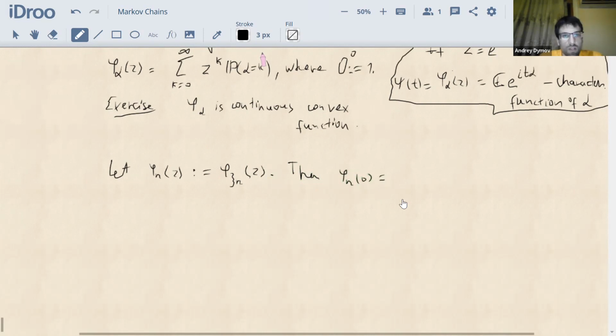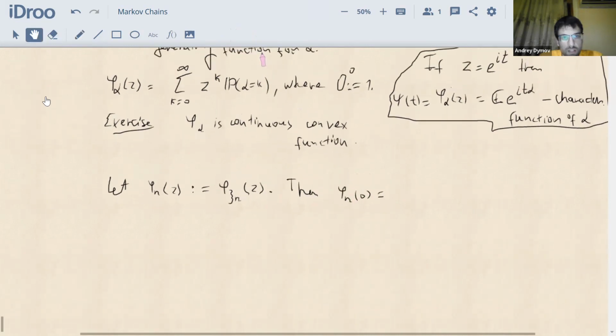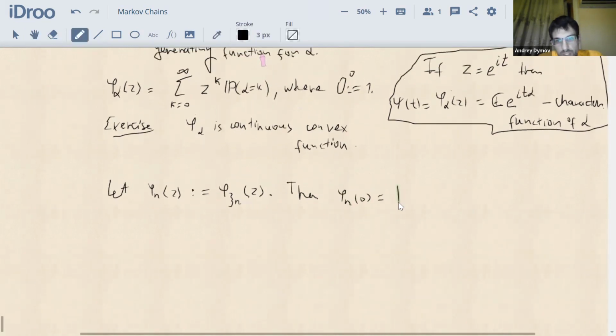Phi n of 0 is exactly the probability that psi n equals 0, because in this series, when z equals 0, only the first term may be non-zero. For the first term, when k equals 0 and z equals 0, I have 0 to the power 0, and I set it to be equal to 1, while the other terms are killed by 0 to some positive power, which is 0.